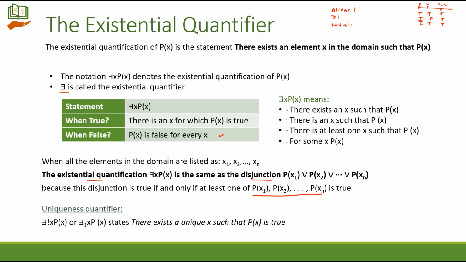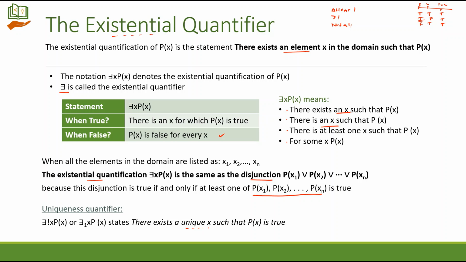There is another quantifier called the uniqueness quantifier. Sometimes there can be only one x that satisfies P of x. There exists a unique x such that P of x is true. You cannot find one more value of x there. Even then it is existential quantifier. They still have a term called uniqueness quantifier, but usually we will not express it that way, because existential covers that one value of x.